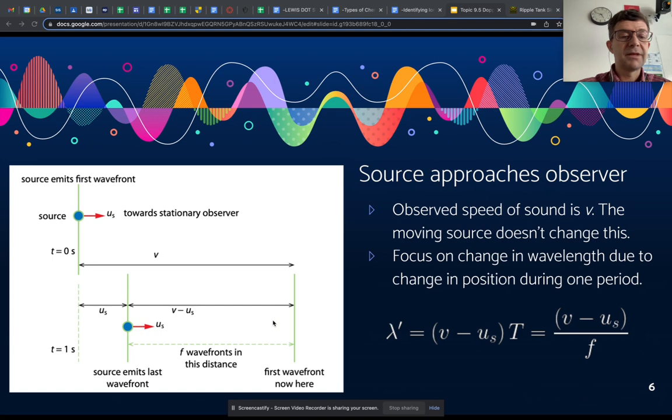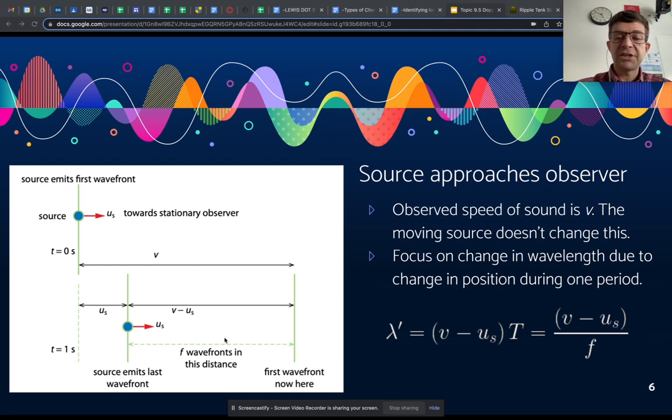If we now think about the wavelength that an observer would see standing here, he or she would observe wavefronts that are not separated by the wavelength c over f, because the wavefronts have been shortened because the speed has effectively changed.